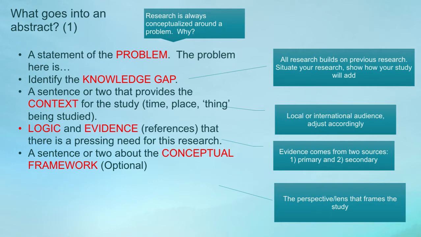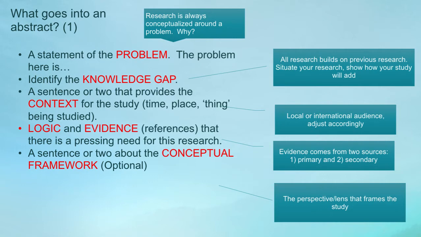It also situates your research within a body of literature, and it shows the kind of gap that your research will be filling. The knowledge gap is somewhat of a constructed knowledge gap, because there might be lots of literature out there on your particular topic, and you will create a specific niche.